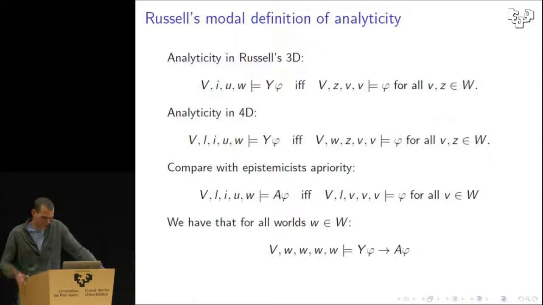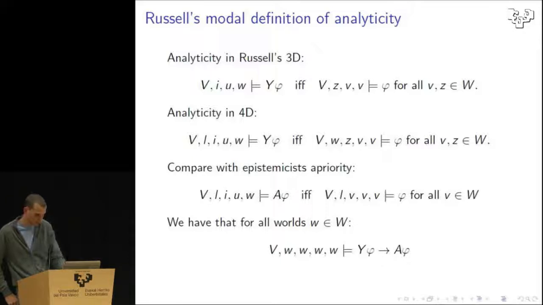So this is the difference between the two notions, but one thing we have in particular is that if a sentence is analytic according to Russell's definition, then it's also a priori. Because the quantification for analyticity has in some sense more independence than the one for a priority, which is more constrained. This is expressed on the last line, where it becomes a generalized diagonal validity of the four-dimensional modal logic that analyticity implies a priority.